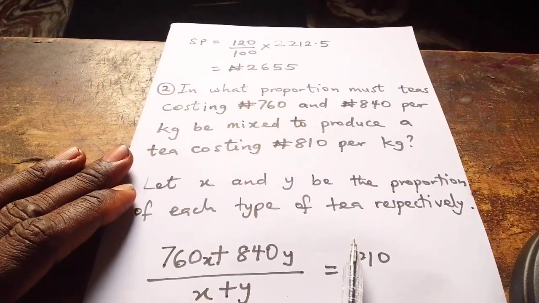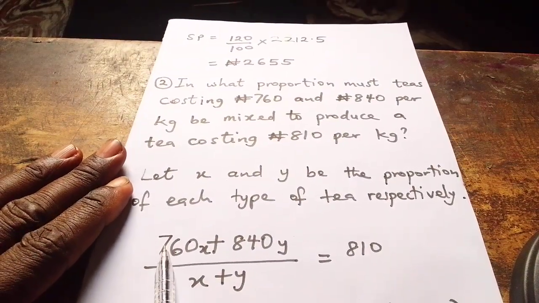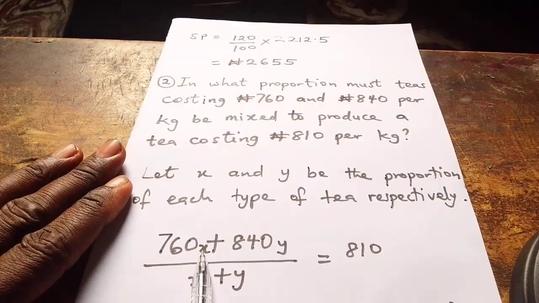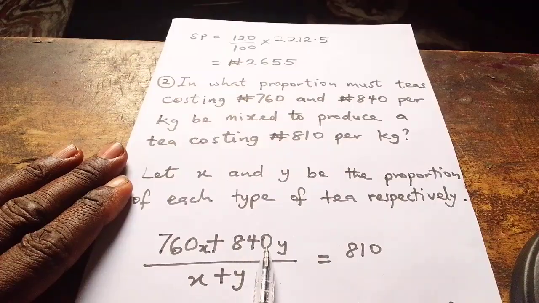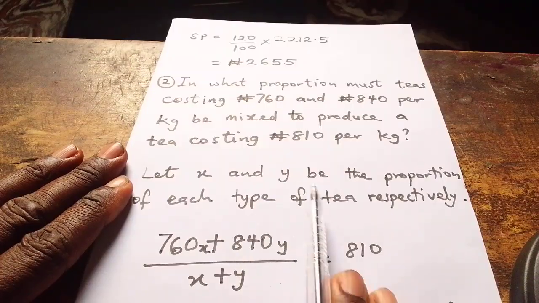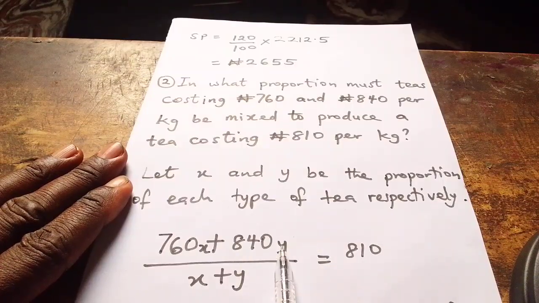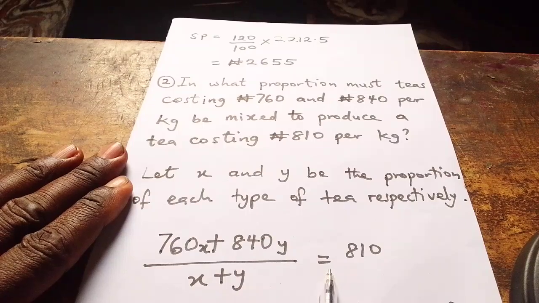You say that is 760 times the proportion X, plus 840 times the proportion Y, divided by the addition of the proportions X plus Y, should be equal to the cost price you want to have when we mix the two.